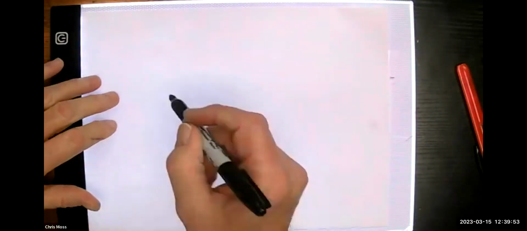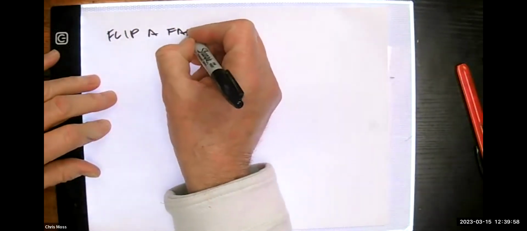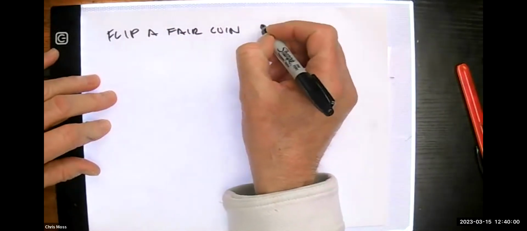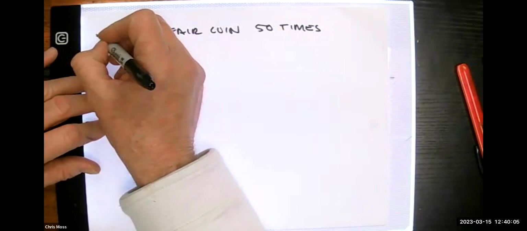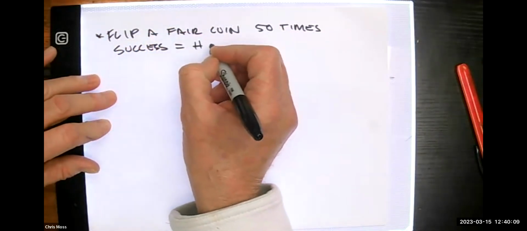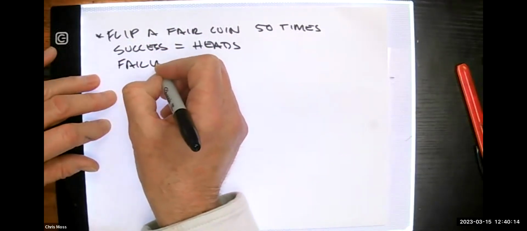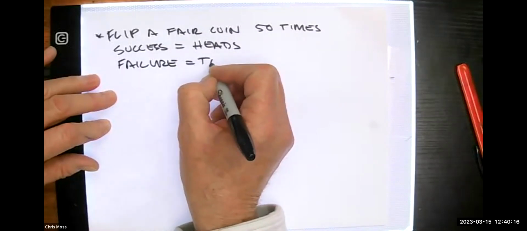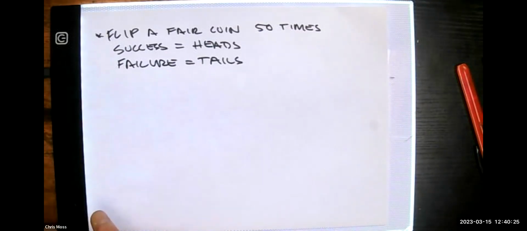So we are going to flip a fair coin 50 times. We're going to determine a success, in this case, when the coin comes up heads. Failure when it comes up tails. So this is an example of a binomial distribution.